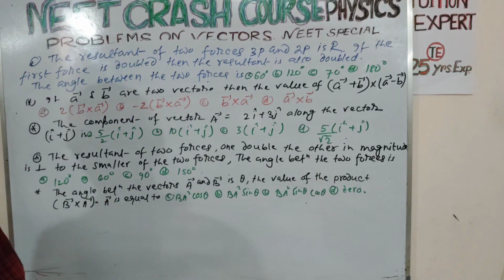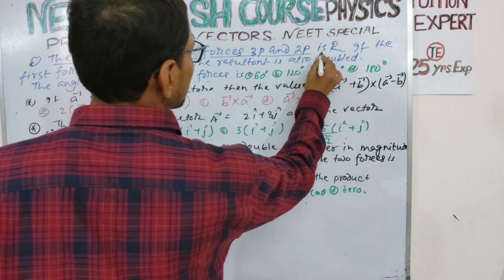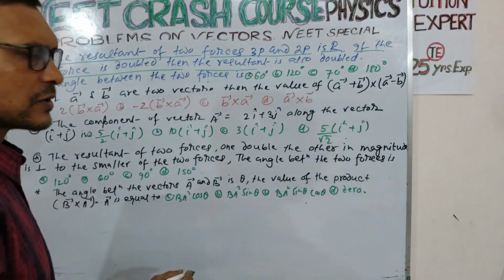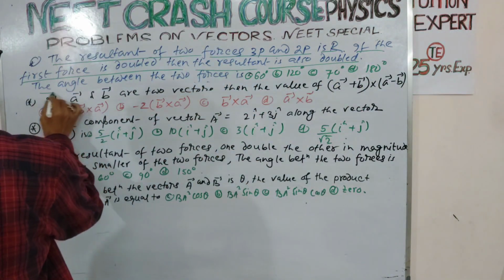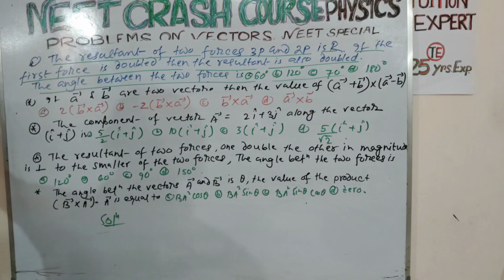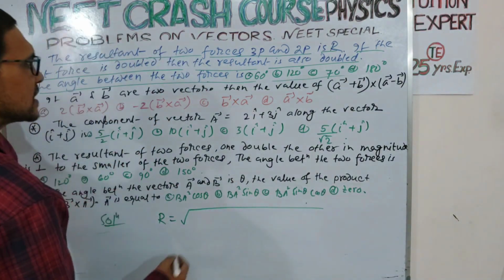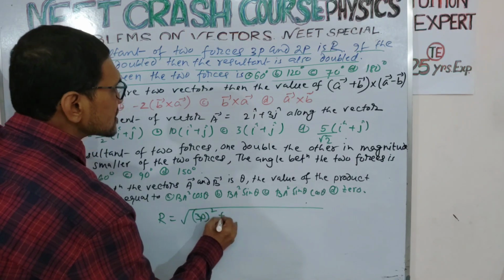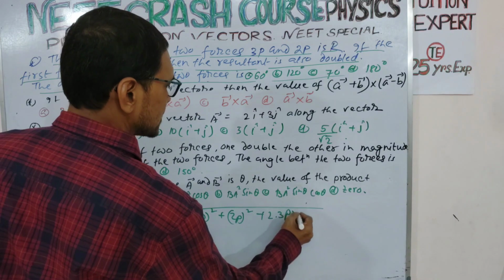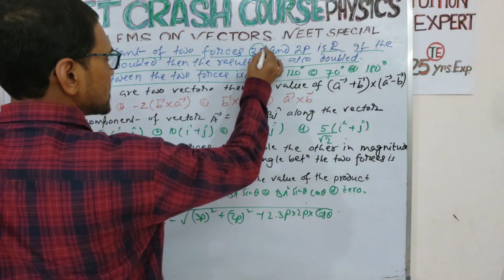Now the next problem: the resultant of two forces 3P and 2P is R. If the first force is doubled, then the resultant is also doubled. What is the angle between the two forces? The solution: R equals root over 3P square plus 2P whole square plus 2 into 3P into 2P into cos theta, where theta is the angle between the two forces 3P and 2P.